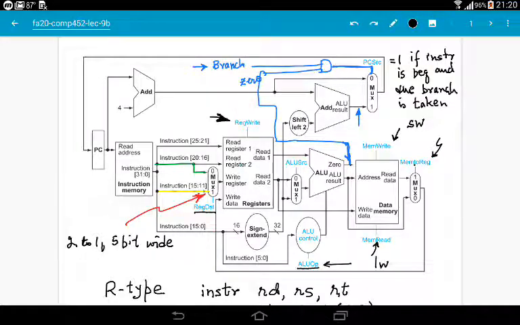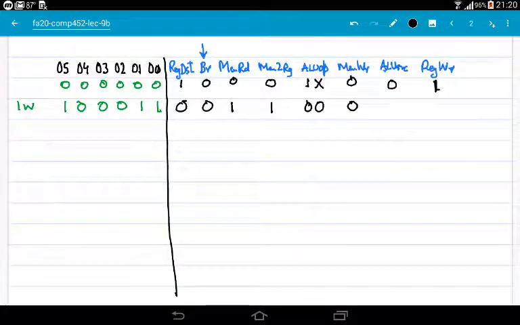Okay, so ALU source must be 1. So let's come here and let's write ALU source must be 1.